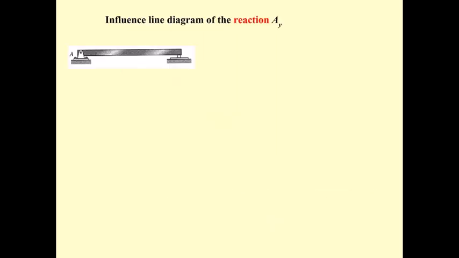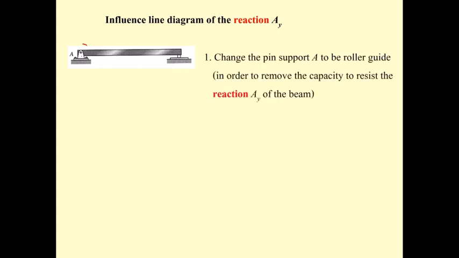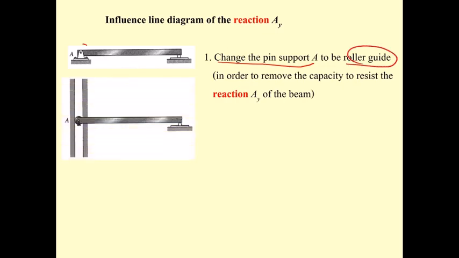If you would like to draw the influence line diagram of the reaction A sub y, you are going to change it by eliminating the resistance of A sub y out of the pin A. By eliminating that, you are going to change the pin support A to be a roller guide like this, so it has no resistance to A sub y.